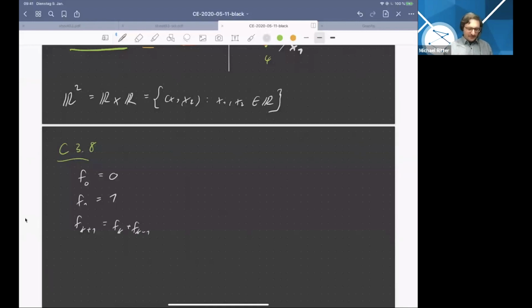So for example, if we apply this here, then f2 would be f1 plus f0, so 1 plus 0, that's 1. f3 would then be f2 plus f1, so 1 plus 1, and that's 2. And let's do one more, f4. It's f3 plus f2.